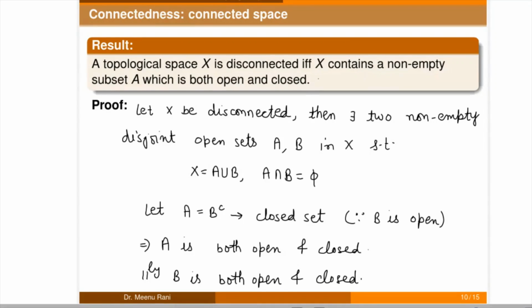Now we prove the converse part, that is, if a topological space X contains a non-empty subset which is both open and closed, then that topological space is disconnected space.